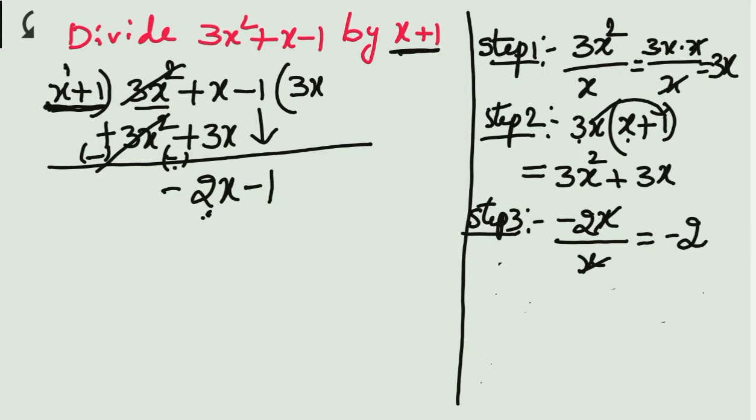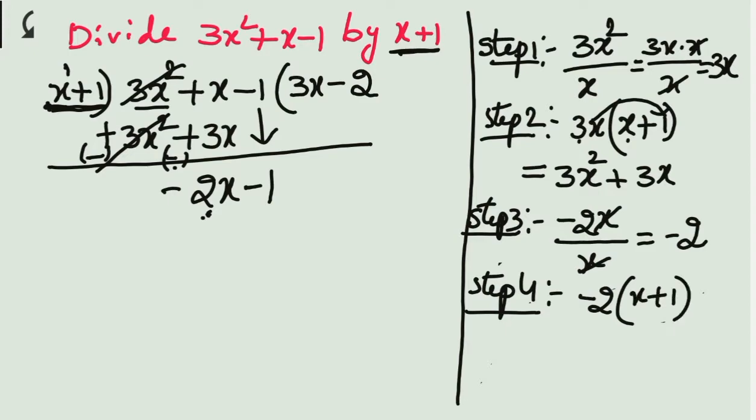This is the next term of the quotient, so write minus 2 here. In step 4, this term minus 2 you multiply with the divisor x plus 1. Then minus 2 into x is minus 2x, and minus into plus, minus 2 ones are 2. So you write minus 2x minus 2.